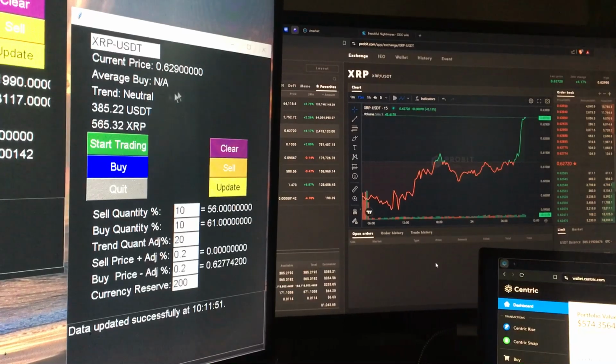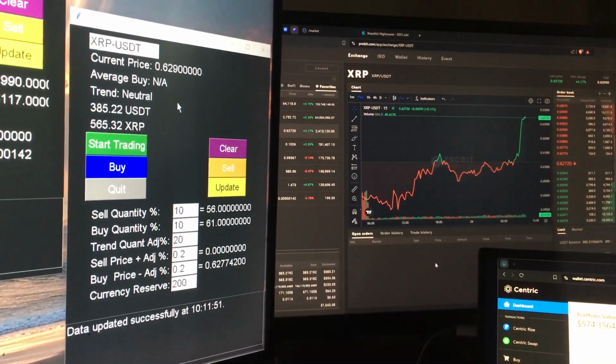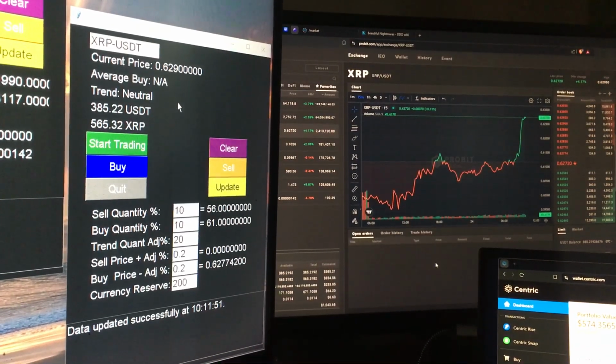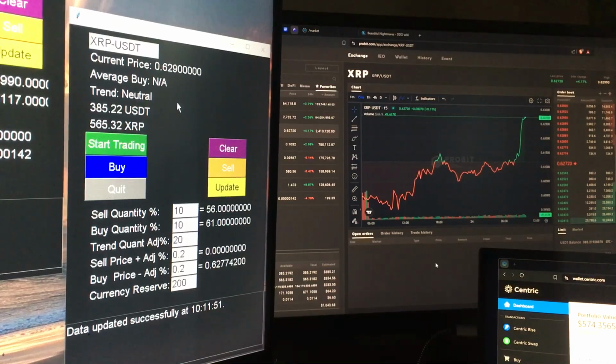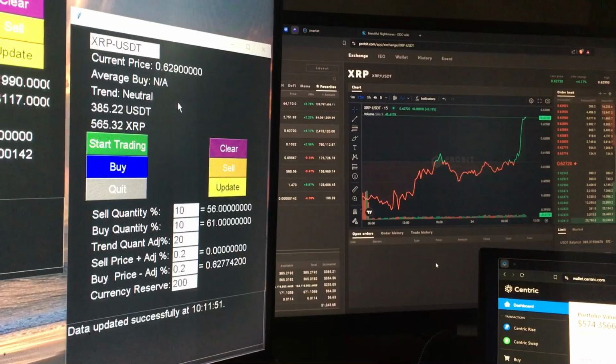It'll show the trend up here at the top, what direction it's moving. It affects both buy and sell quantities, with the idea that if the trend is falling, it buys less quantity to preserve more money for buying at a lower price when it gets there.